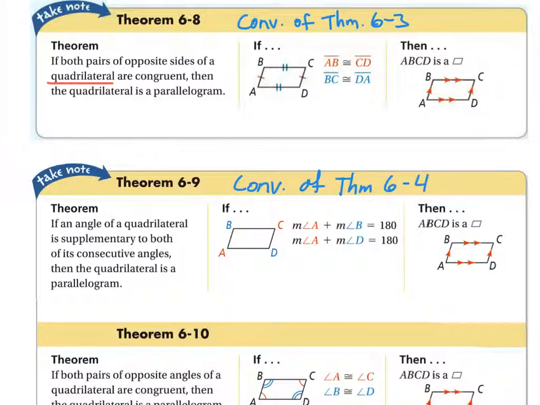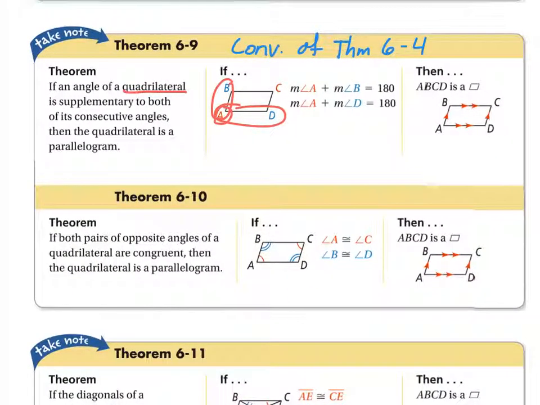Theorem 6-4 says that consecutive angles in a parallelogram are supplementary. Well, in this one, we of course have to have a quadrilateral, but we are talking about the same angle. For example, they talk about angle A. If angle A is supplementary to angle B and angle D, if one angle is supplementary to both of its consecutive angles, then we have a parallelogram. Okay?